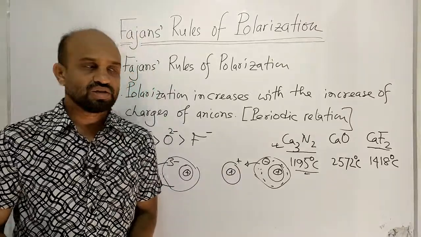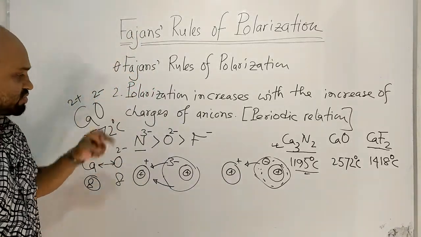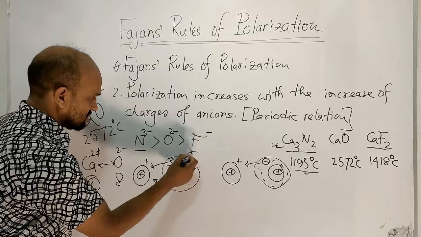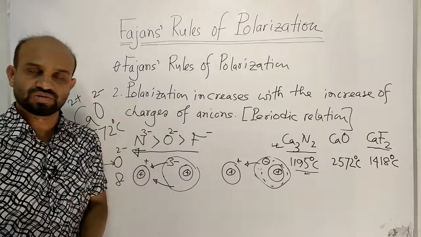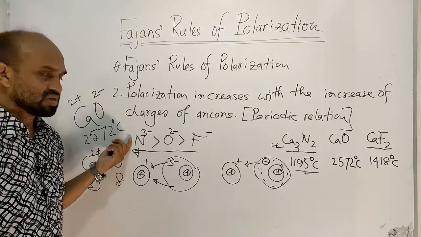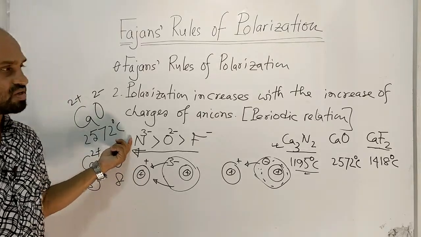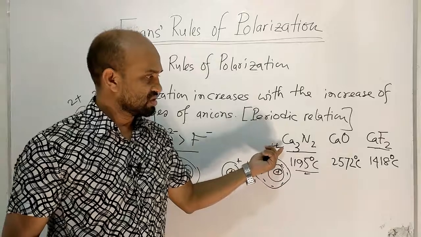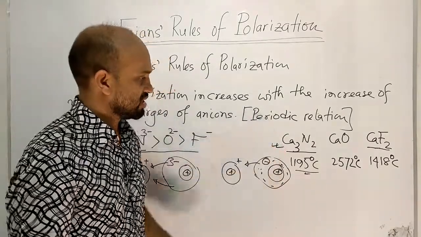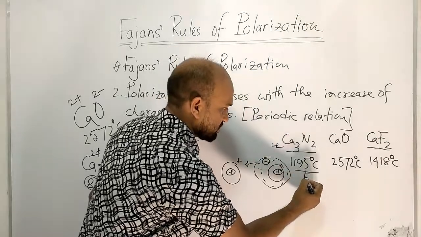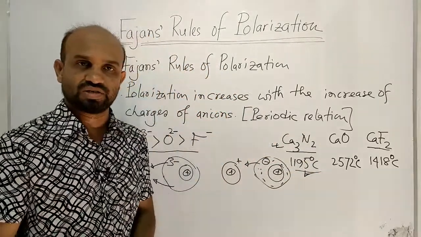Now let's summarize rule number 2. That means the increase of charges of anions leads to an increase of polarization, a decrease of ionic nature, and a decrease of melting point.